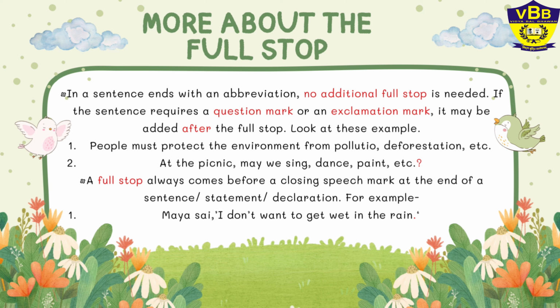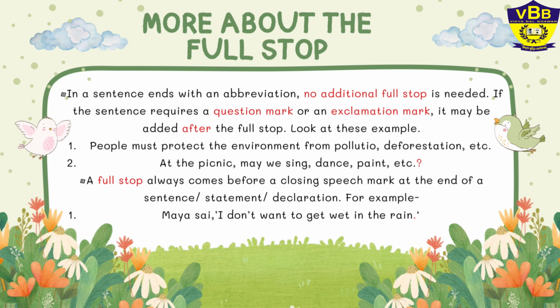If a sentence ends with an abbreviation, no additional full stop is needed. If the sentence requires a question mark or an exclamation mark, it may be added after the full stop. What do you understand by that? If a sentence is ending with an abbreviation, what is an abbreviation?